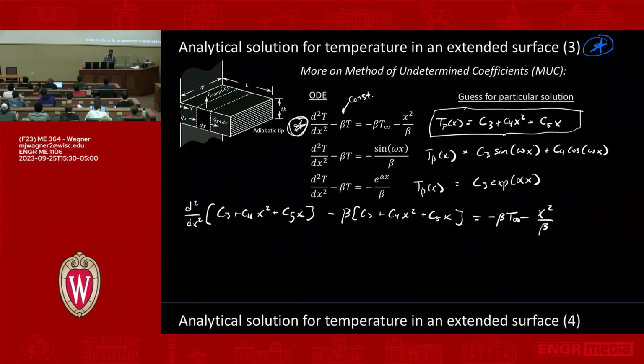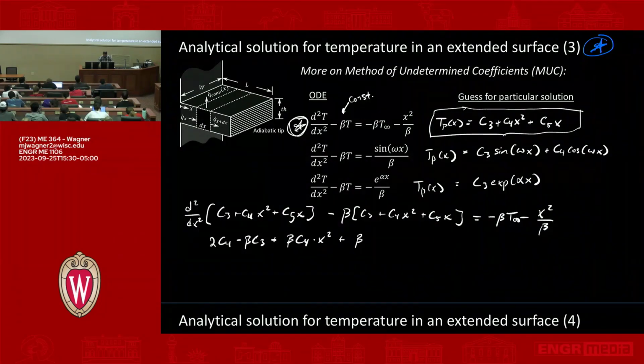All right, so let's write this one more step, take this derivative. We end up with 2 times c4 minus beta c3 plus beta c4 times x squared plus beta c5 times x is equal to minus beta t infinity minus x squared over beta.